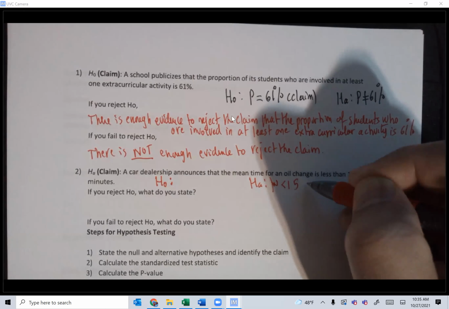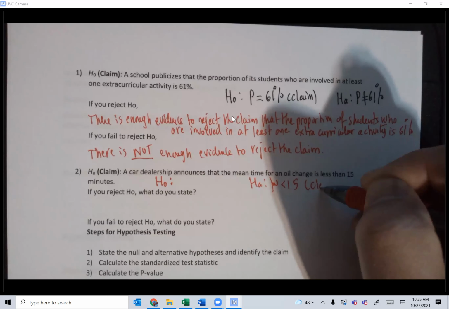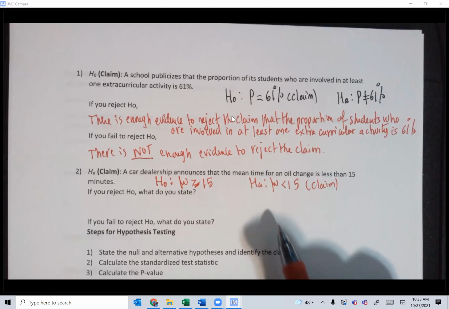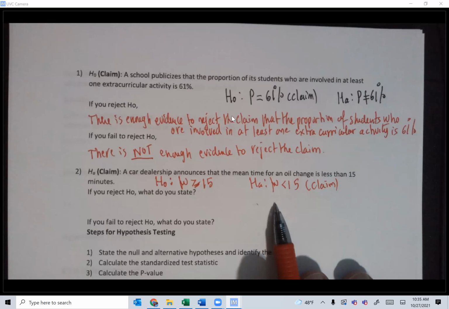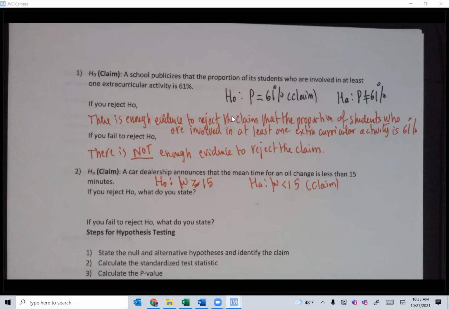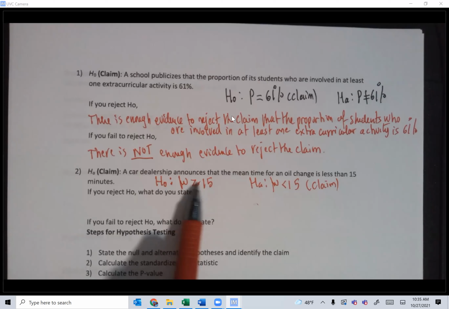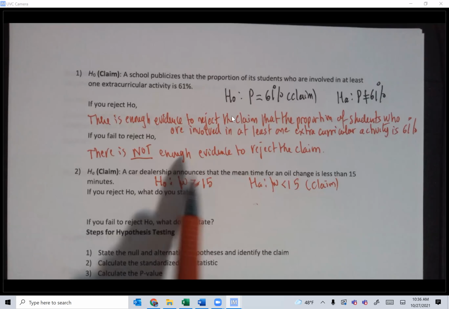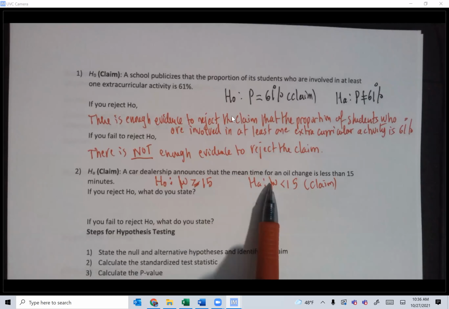I made up this question so that the claim will be in HA. Remember, when the claim is in HA, we don't use reject or fail to reject. We use support or not support. So now the claim is in HA. If you reject H0, what do you say? If I reject H0 right here, I'm saying this is bad, that means this one is good. I just support it. There is enough evidence to support the claim.